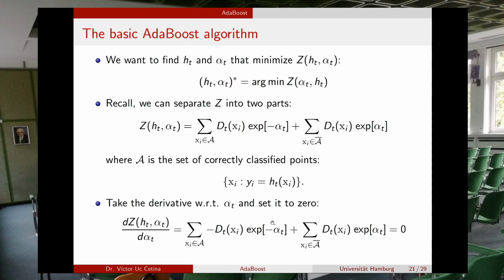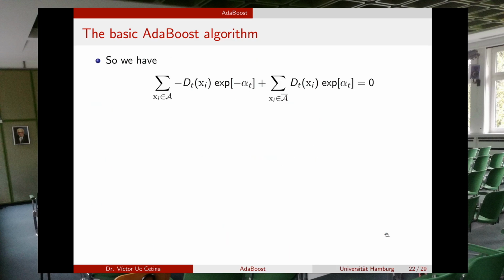The only difference that you see here is that since we have an exponential here and you compute the derivative of this, you get this minus now as a factor here. And the same here. You have a positive sign here, then when you compute the derivative, you just get a positive 1. Once we have this, we equal that to 0 and then solve for alpha. So we have this expression.